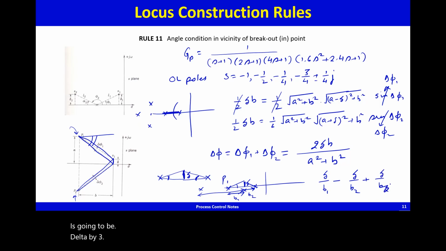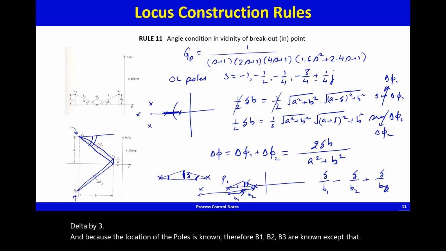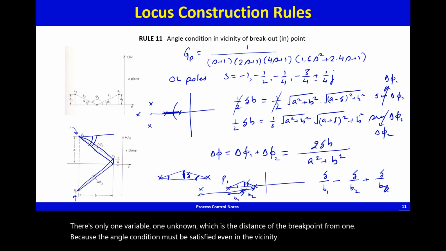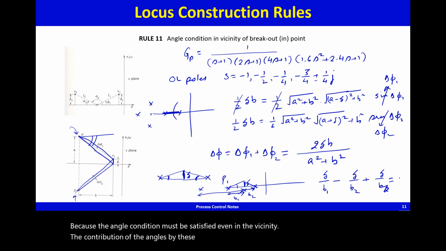Because the location of the poles is known, b1, b2, b3 are known, and there's only one unknown, the distance of the breakpoint from P1. Because the angle condition must be satisfied even in the vicinity, the contributions of the angles by these poles must sum to 0. From this you get one equation in one variable, which can be iteratively solved to get the exact location of the breakpoint.